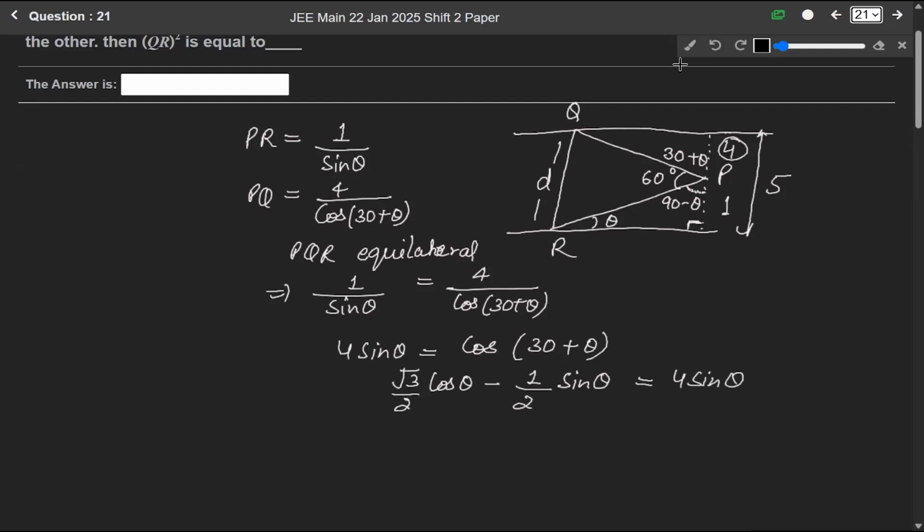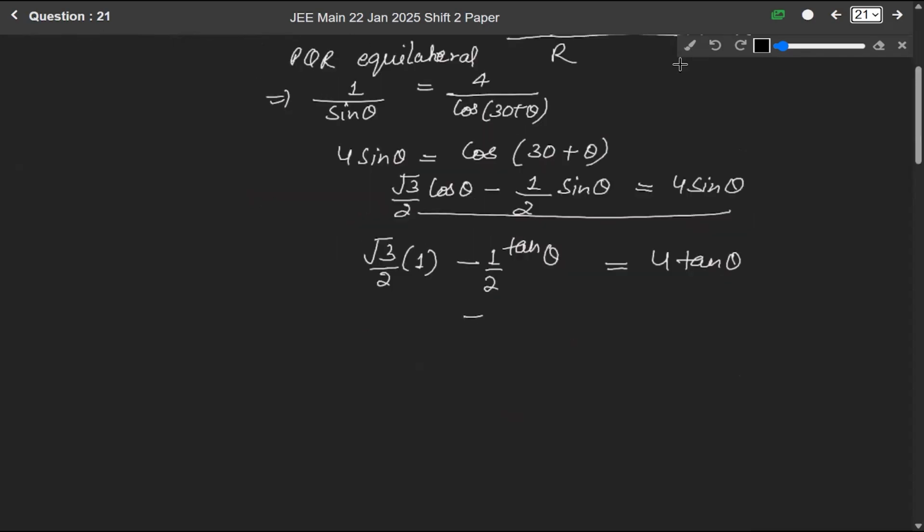When we divide this equation by cos theta, since sin over cos is tan theta, we can write: dividing the whole thing by cos theta, it will be root 3 by 2 into 1 minus 1 by 2 tan theta equals 4 tan theta.